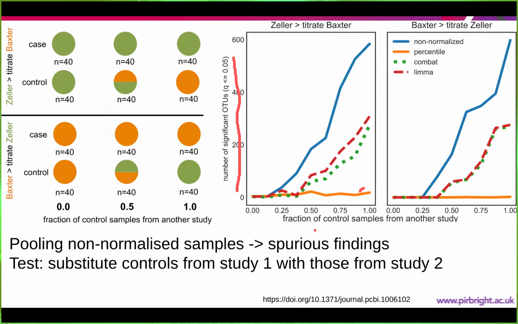And this considers the fraction of control samples from other studies, so trying to use the controls from different studies. So here we have Zeller versus Baxter, for different comparisons, and we're trying to mix together the controls to see how that affects our output.